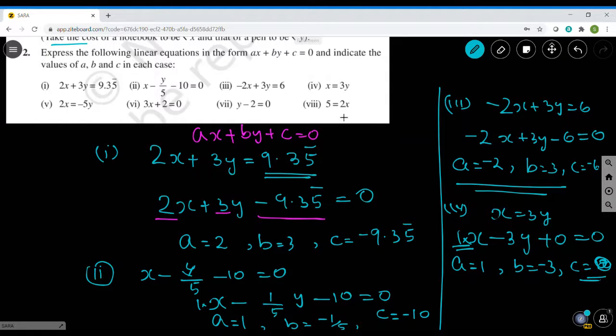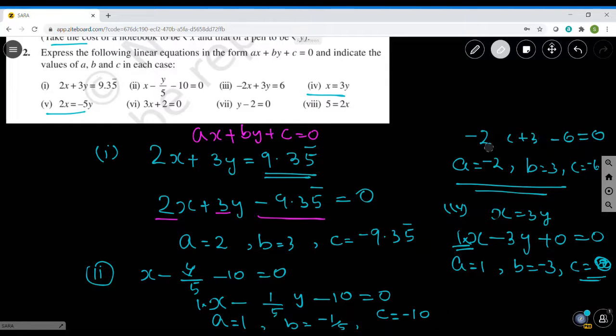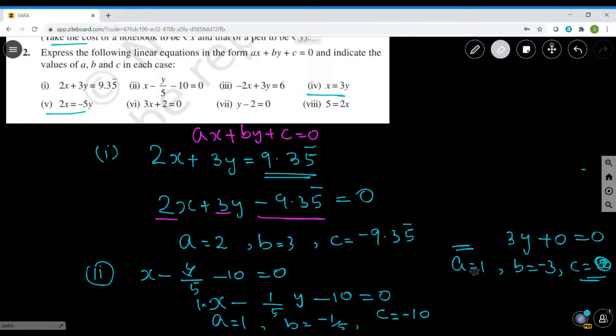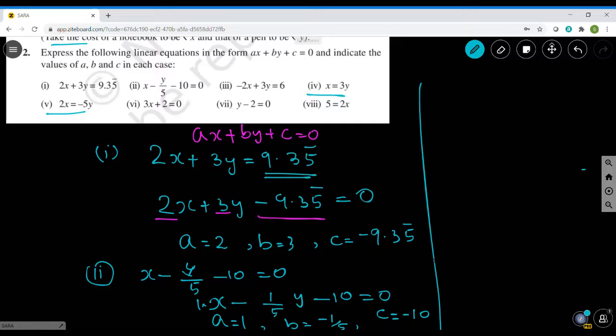Next, the fifth problem is the same as the fourth. So let us write the first question. Then we will transpose from RHS to LHS or LHS to RHS: 2x is equal to minus 5y.